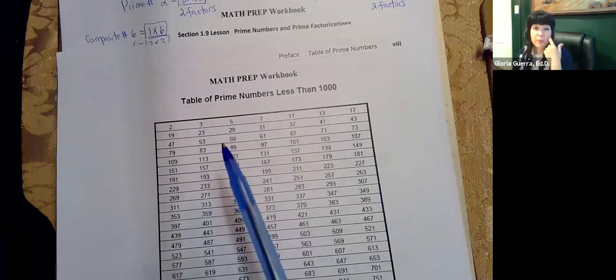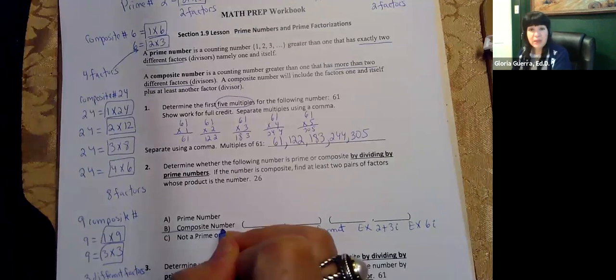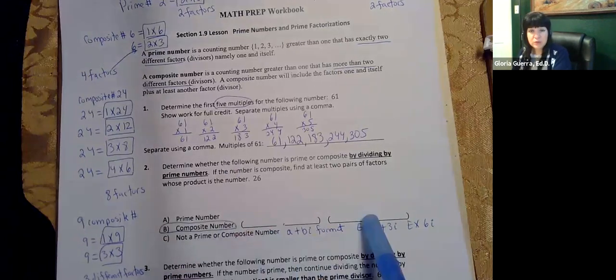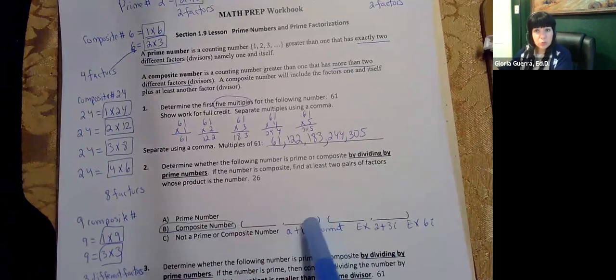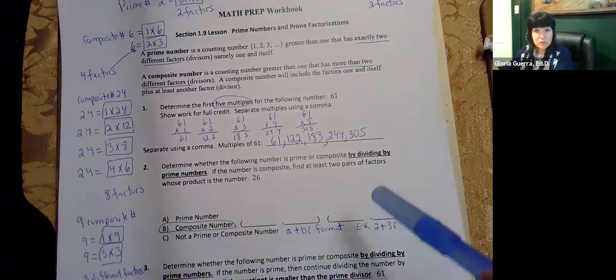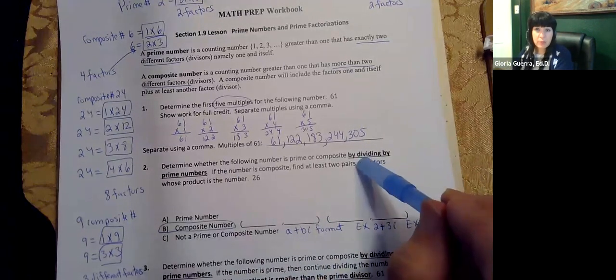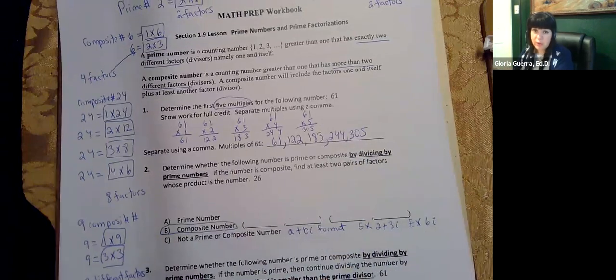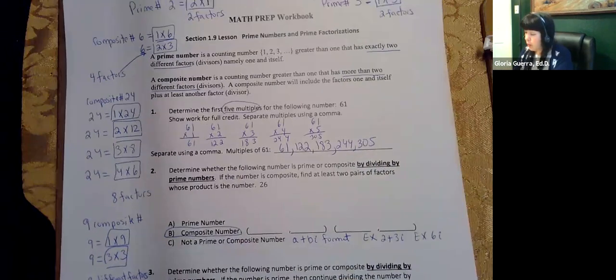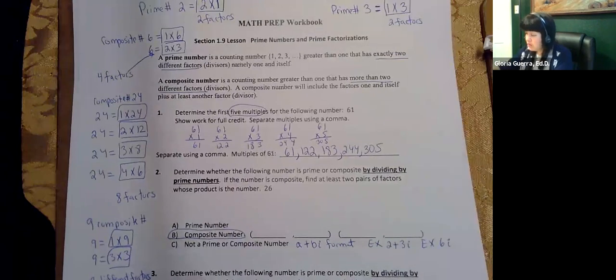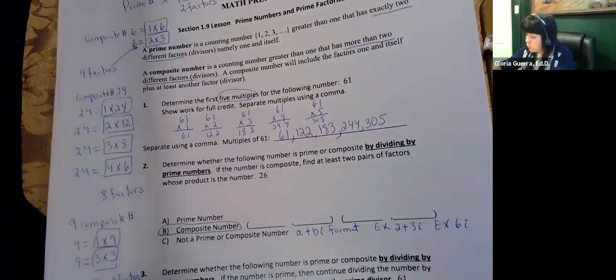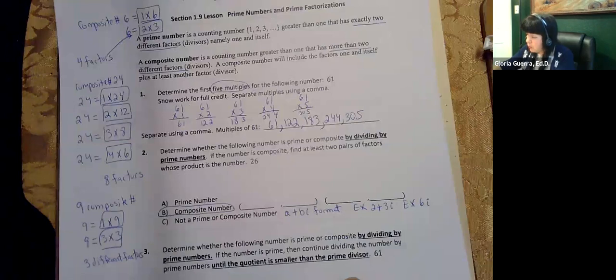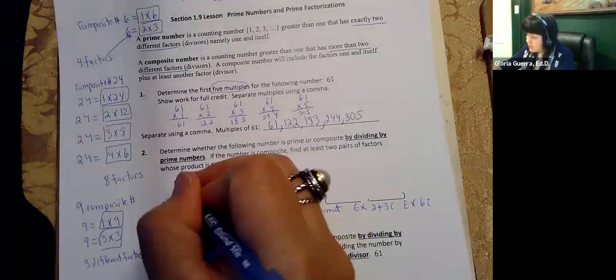But they want you to fill in the blanks here with a couple of factors. And they also want you to show some work. They want you to divide by prime numbers. So to get the full credit, you have to do what they're asking you to do. For 26, I would do the obvious, because 26 is 1 times 26, right?